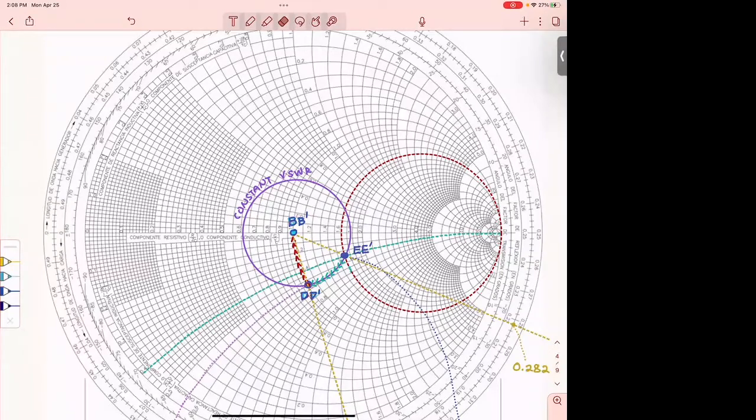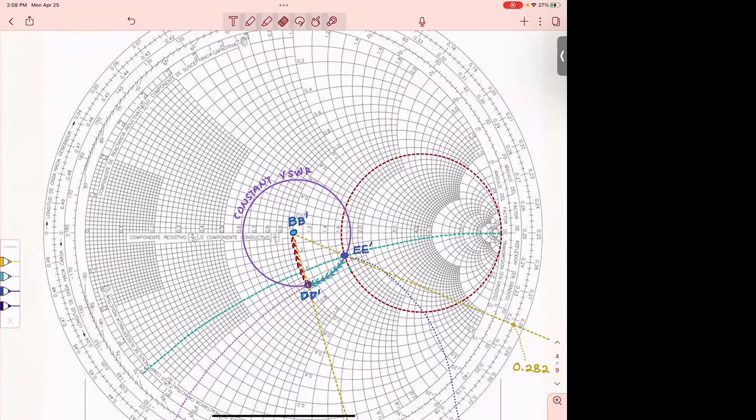So if you want to move on a line, there is only one circle that allows you to move on a transmission line, and it's this one, the purple one. I call it the constant VSWR circle because everywhere on the line, the VSWR is constant.